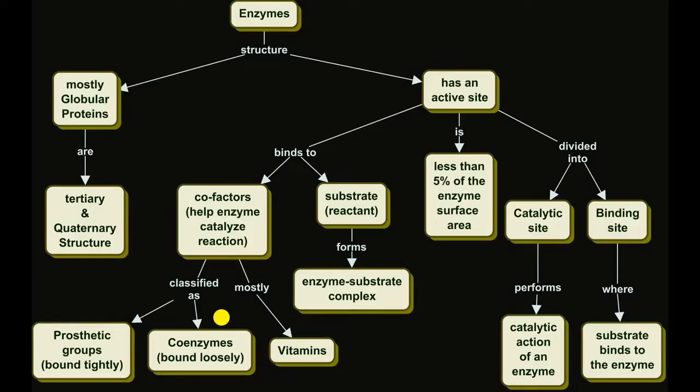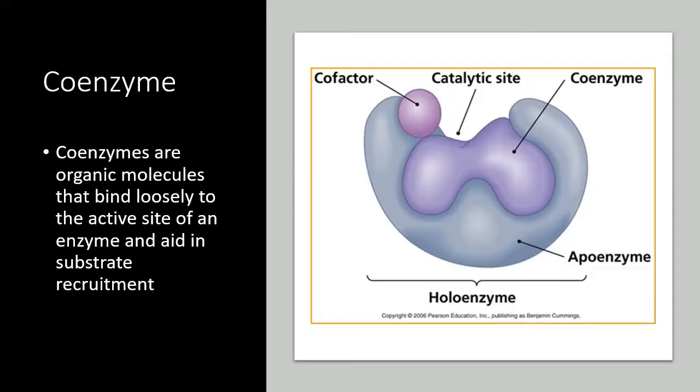Another classification of a cofactor is a coenzyme. Coenzymes are bounded loosely with the enzyme, unlike the prosthetic groups that are bounded tightly to the enzyme. Coenzymes are organic molecules that bind loosely to the active site of an enzyme, and they also aid in the substrate recruitment.